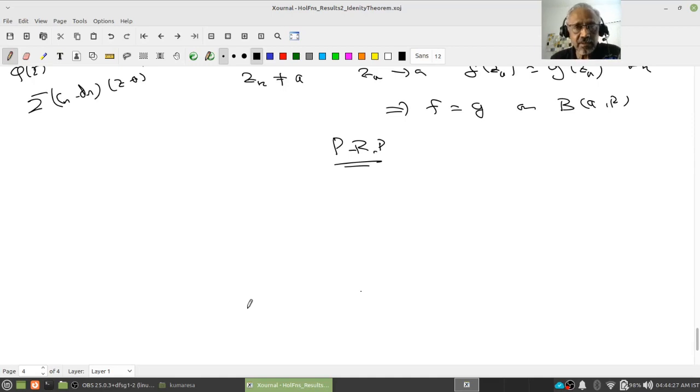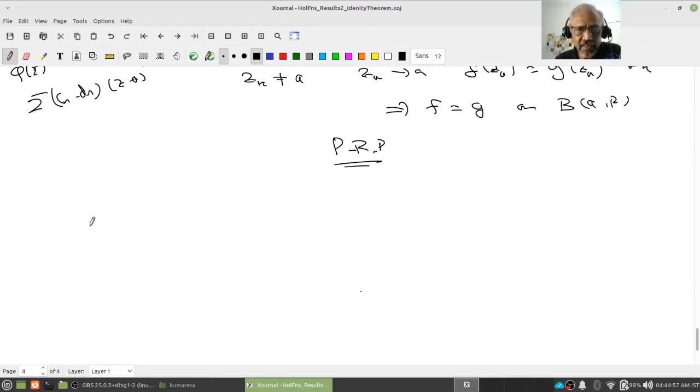All I have to do is look for a sequence of points zk where zk is different from the center of the power series a, but zk converges to a. If f of zk equals g of zk for all k, then f equals g. You see that? Please understand this in view of my earlier remarks, the starting remarks where I gave you examples. We have simplified things. You will be very surprised. It has a very far-reaching consequence that we will see in a minute.